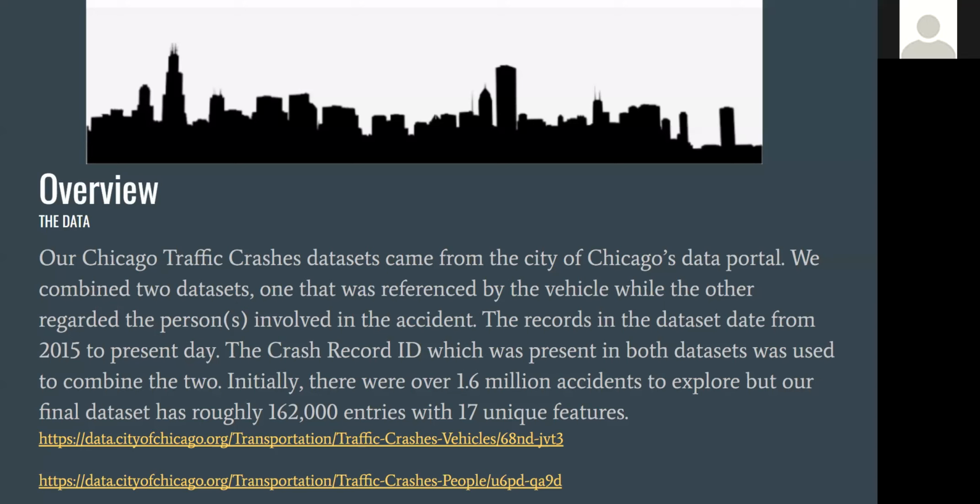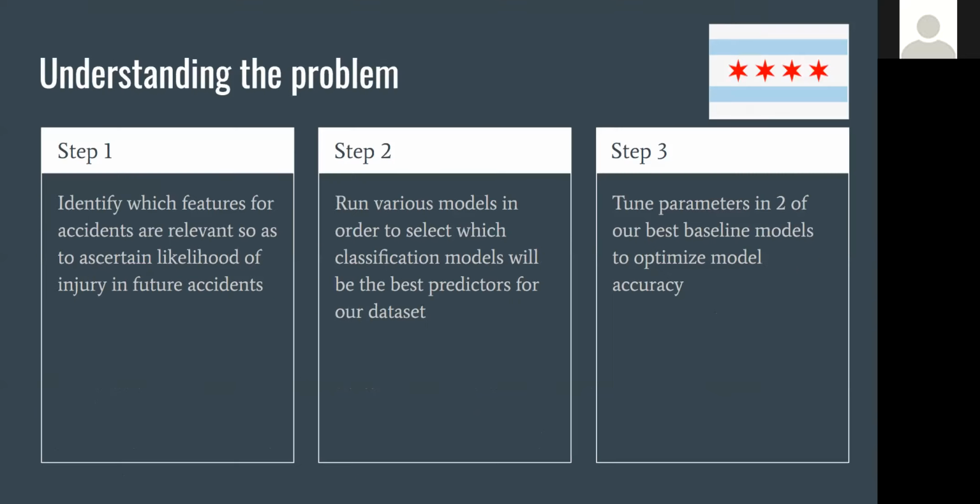It started with over 1.6 million accidents, but we narrowed it down to about 162,000 rows that had all the information that we were looking for. And we also narrowed it down to 17 unique features. Links below for the two data sets that we used.